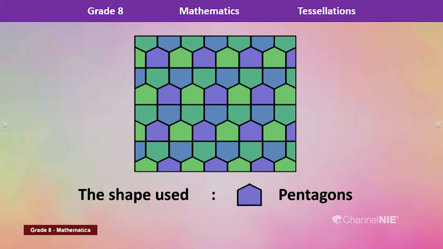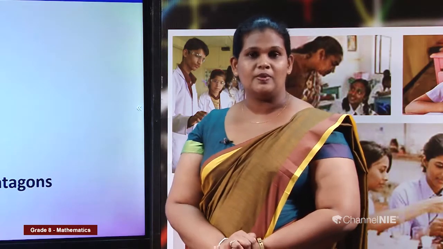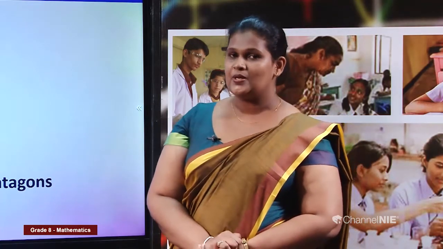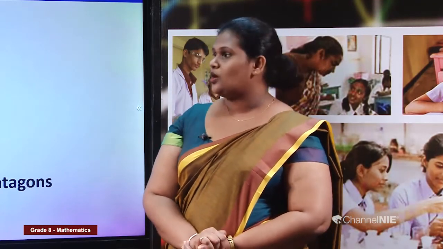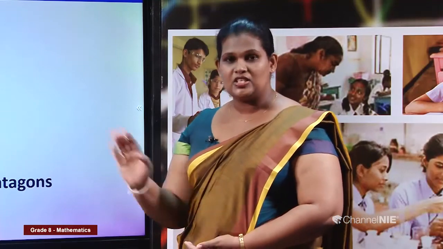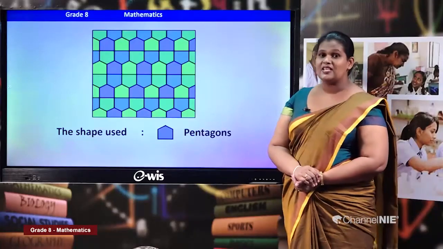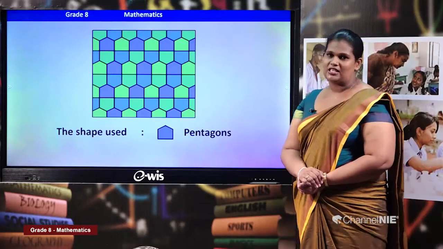Right. Now, here we have used only pentagons in several colors. As I have mentioned before, if we have used only one shape to create a tessellation, we can name that tessellation as a pure tessellation. Therefore, we can say this is also an example for pure tessellations.